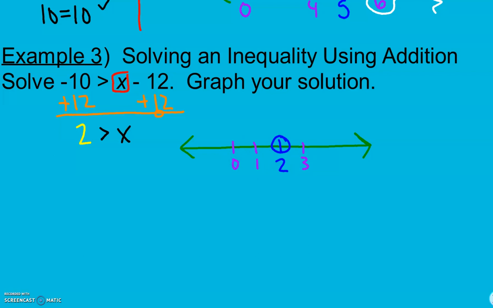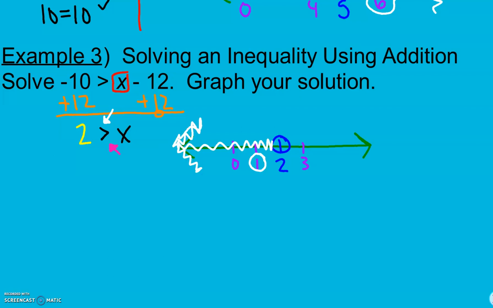First of all, there's not an equal to there, so I don't fill in my circle. We want numbers greater than, we want 2 to be greater than our values. So is 2 greater than 1 or 3? Well, 2 is greater than 1. So since 1 is a solution, we shade the side that has 1.